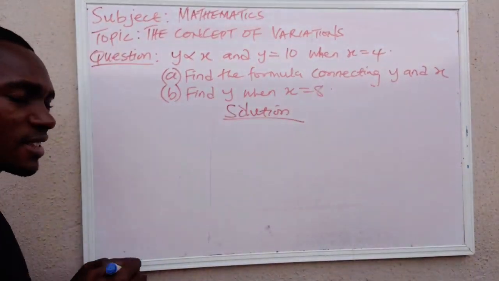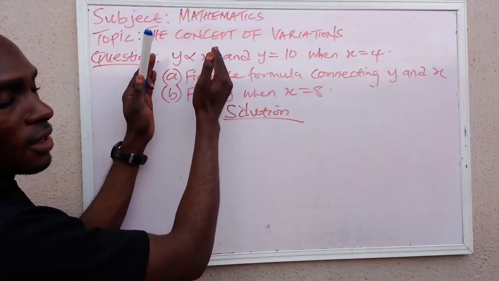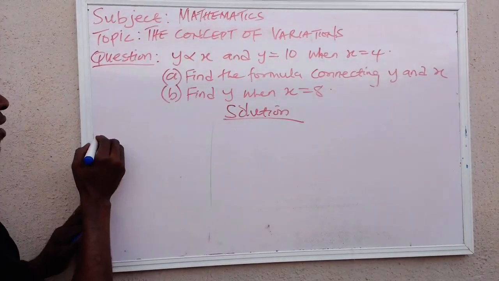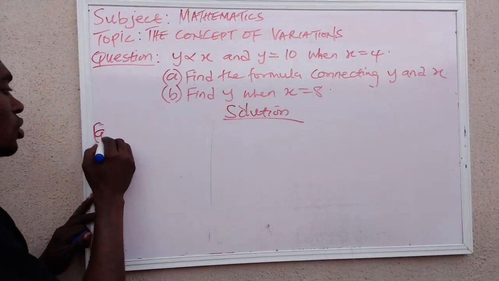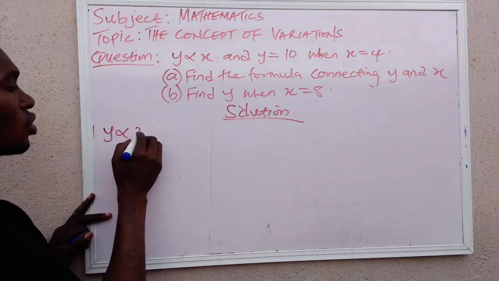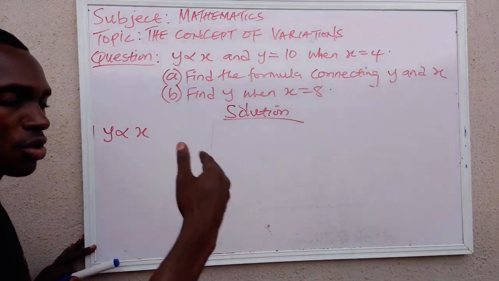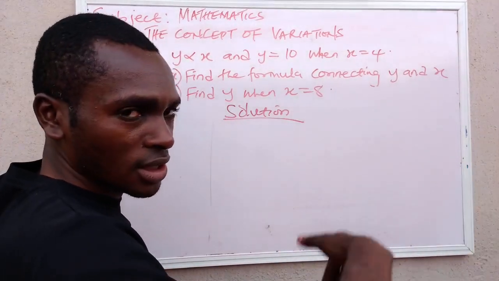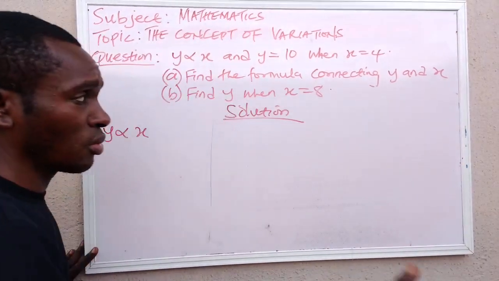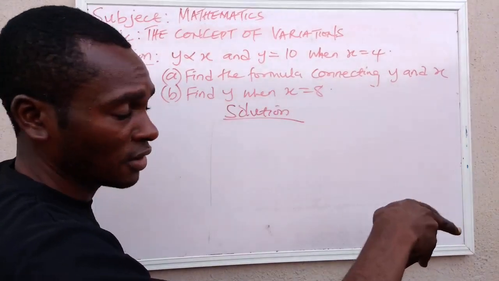Now, we have this solution. Don't forget, the first thing I said you need to do is to introduce a constant and get the value of that constant. We have y is directly proportional to x, so I'm going to introduce a constant here. Your constant can be k or c, or any other letter you want to use, but make sure the letter you choose does not appear among the quantities given.